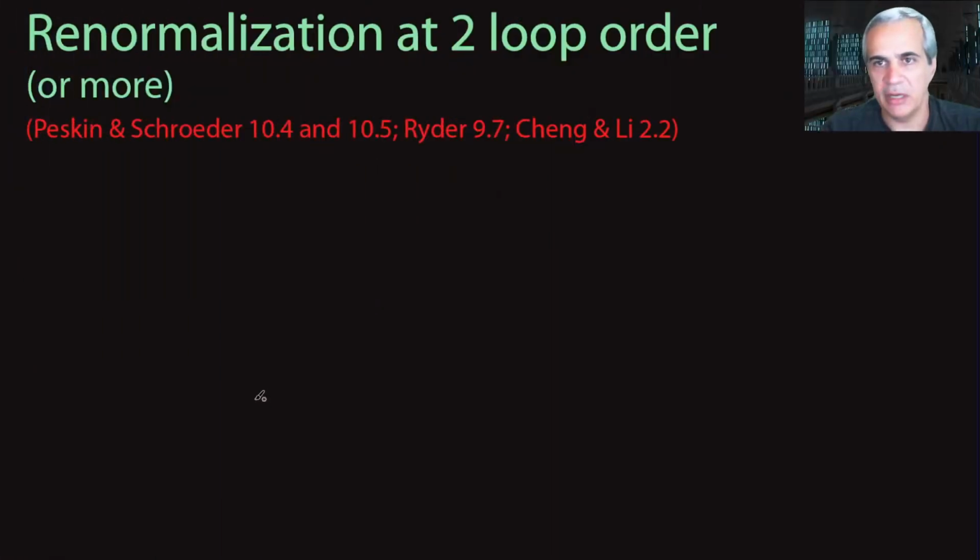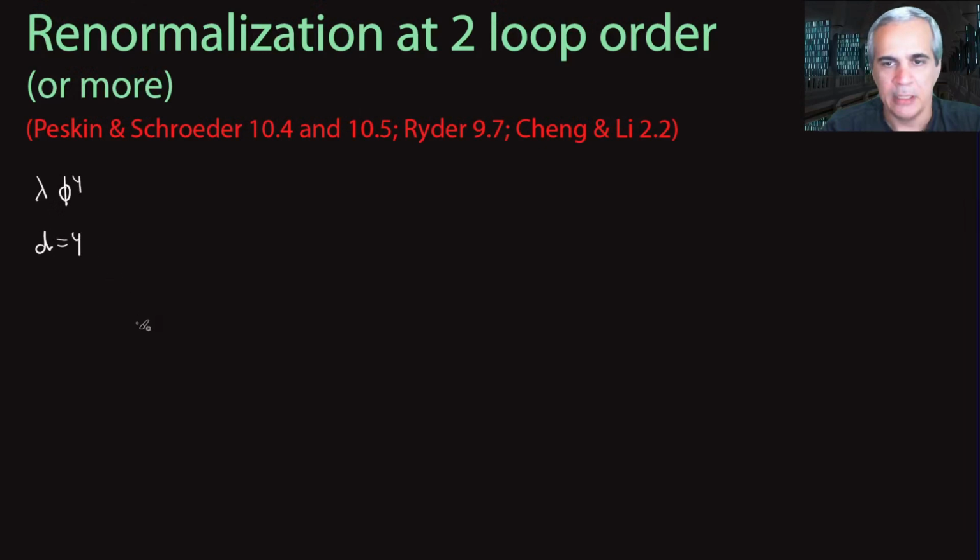As promised, now we want to take a quick look and give some intuitive arguments of what happens if you go to two or more loops in the perturbative expansion and you are in a renormalizable or super renormalizable theory. For that we use again our poster boy, which is lambda phi 4 at 4 dimensions.